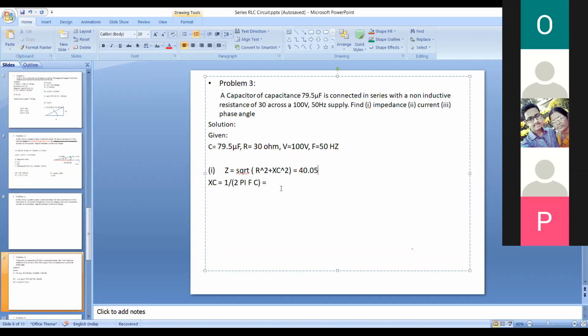Okay, so 40.05 is XC, and this is 44.7 ohm. That's the impedance.